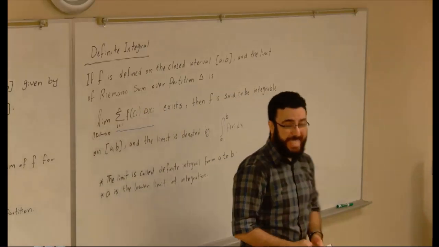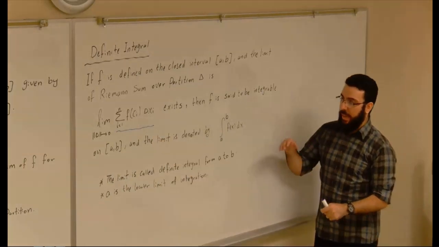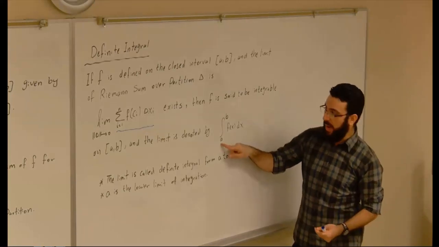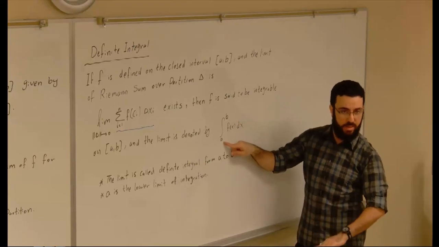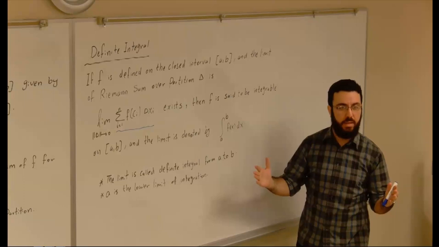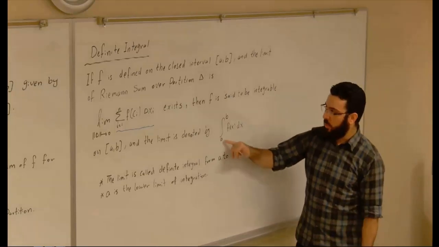So now, instead of writing this, we go back to the integral symbol. The integral from a to b, where a is the lowest number, because it's a definite integral. It's not an integral in general, it's a definite integral over a certain area between a and b.